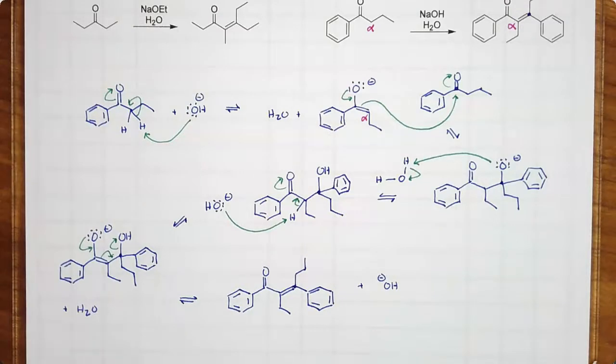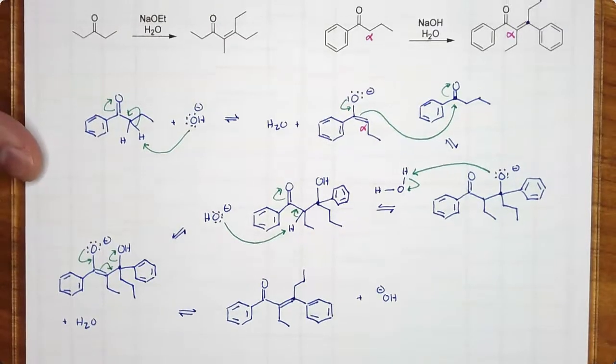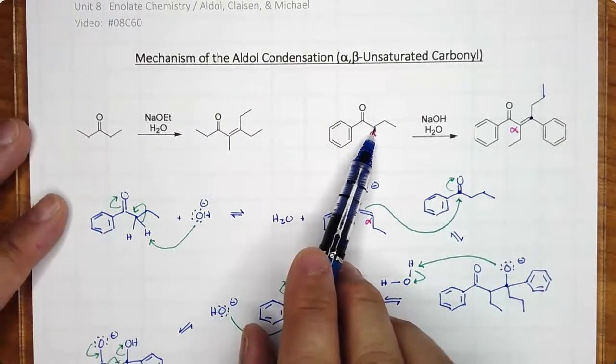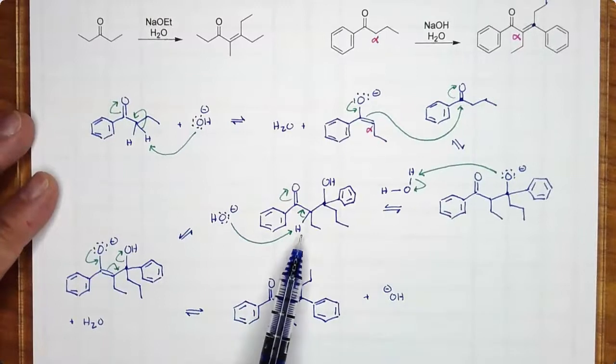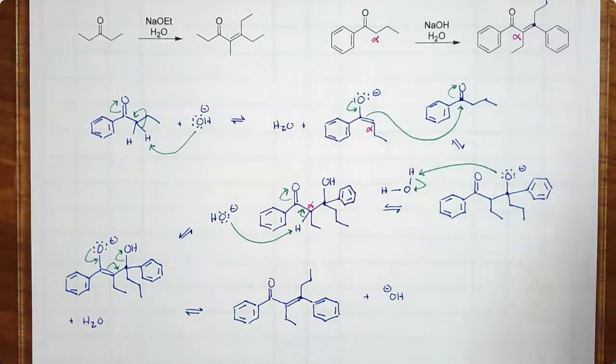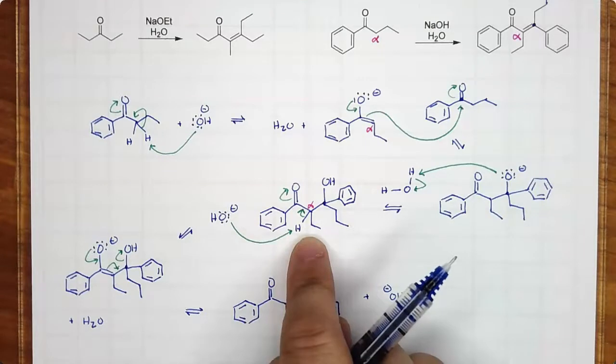Just on the side, if I had another, let's say, methyl group right here at the very beginning, you would realize that there would be no hydrogen here at the alpha position. You're not going to see that example many times, and I would make it very clear to my students whether I want the condensation product or you should stop at the aldol product.